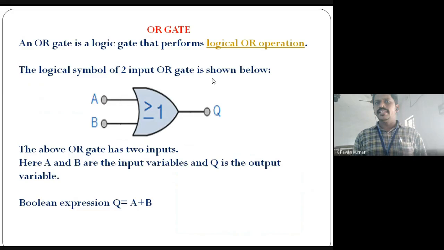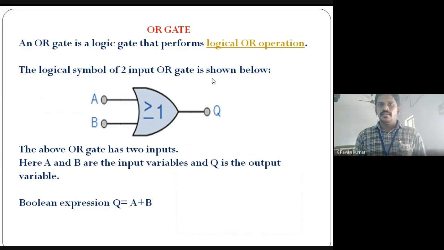An OR gate is a logic gate which is used to perform the logical OR operation. What is meant by the logical OR operation? We use two different operations, addition and multiplication, in digital electronics. Depending upon these logics, either OR logic or AND logic, we use a certain logic by using these gates.